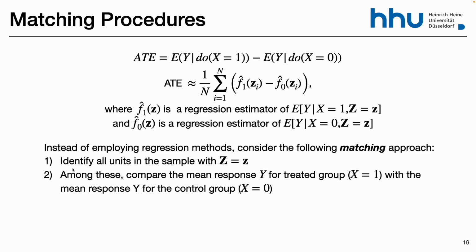Imagine you have a way to identify all the units that have Z equals z, and then among these, you compare the means. It's a comparison between the Y's in the group that has X equals 1, the treated group, and the Y's in the control group. So you first stratify over only the pairs of individuals that have exactly the same Z's, and then you compare the means, right? So what do you think? Would this be a consistent and unbiased estimator or not?